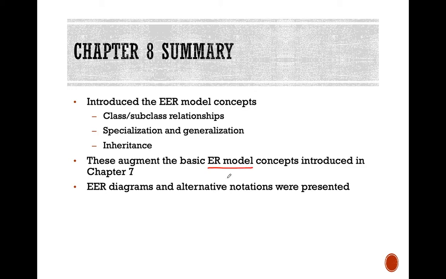In ER modeling, we learned all the basics of the entity relationship model, and in this chapter we saw some enhanced, augmented version of ER modeling. In the next chapter we are going to talk about how, from having the ER model or EER model, we can map it to the relational model.